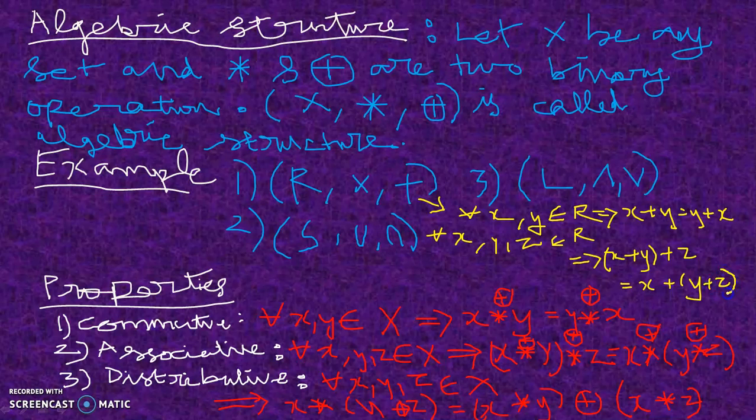True. So the associative property is satisfied. Am I correct? Similarly, the distributive property also satisfies.